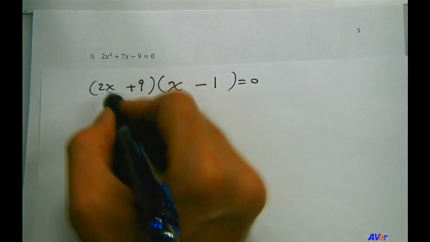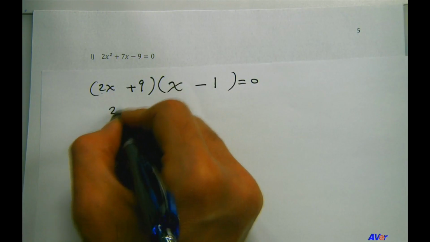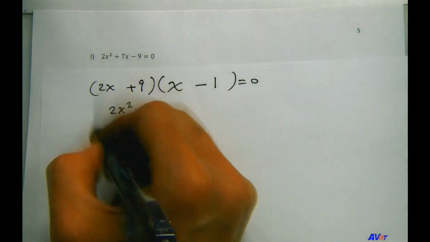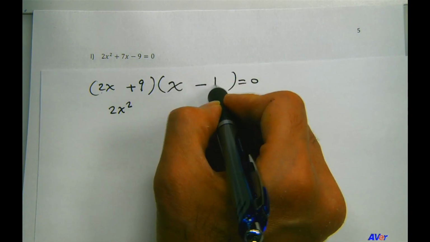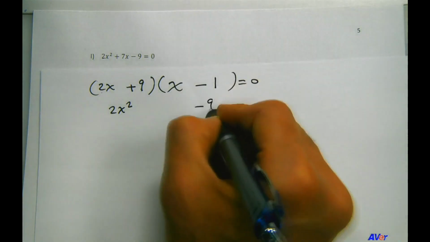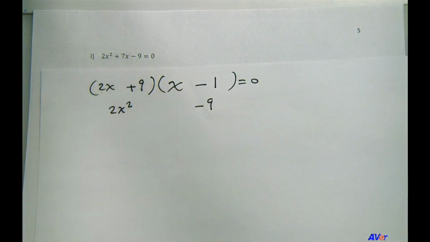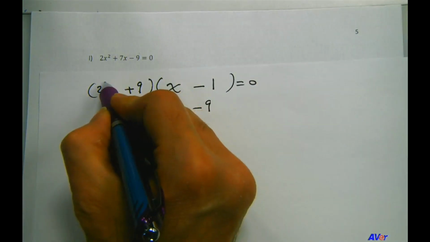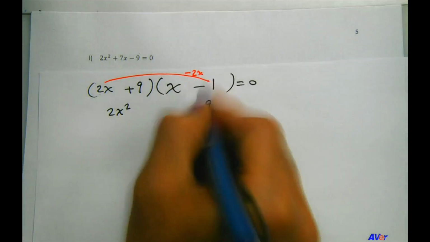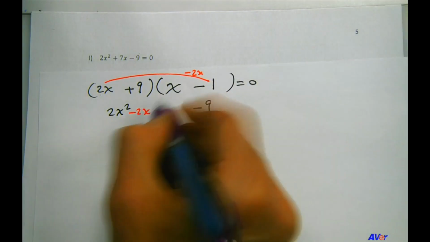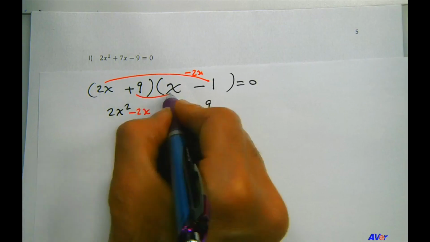So 2x times x is 2x squared, right? That's what we have. Then 9 times minus 1 is minus 9. That's what we have. How about 7x? Where is the 7x going to come from? Well, the 7x is going to come from multiplying 2x by minus 1, that'll be minus 2x, plus 9x.